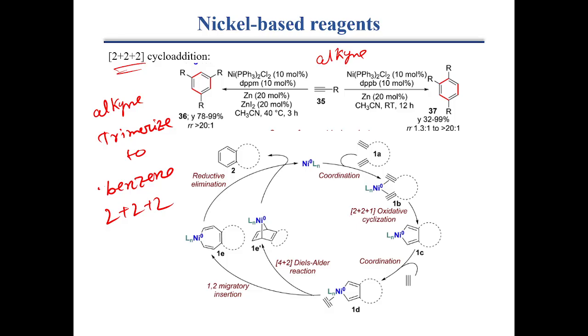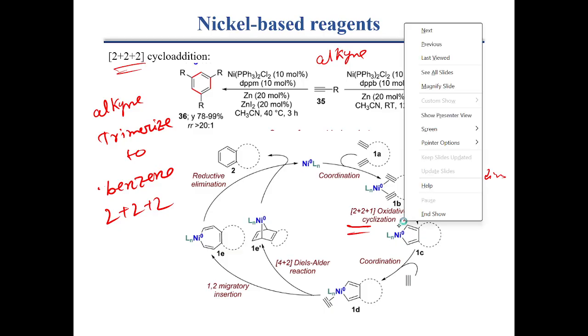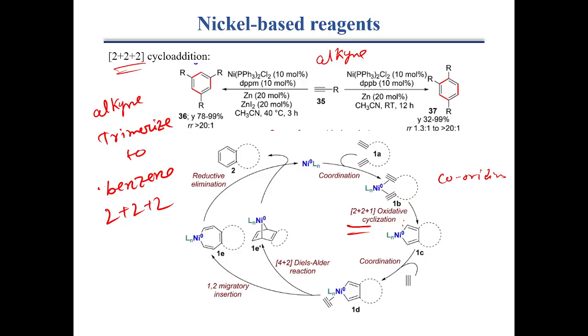First, nickel coordinates with two molecules of alkyne. This is the first coordination. Then, just like rhodium, a 2 plus 1 type of oxidative cyclization happens, and from this nickel we get the cyclopenta-annulated product.